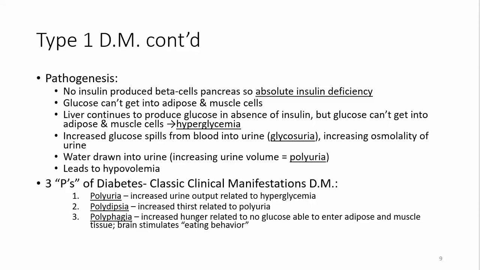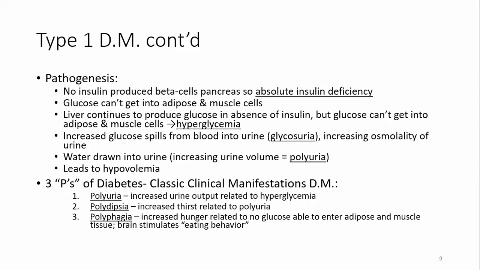So you're peeing a lot and you're pretty thirsty. But in the presence of all the sugar, the tissues are still starving. They're not getting the glucose they need to make ATP. So eating behavior goes up because there's not enough ATP being made, and your brain reads that as not enough food.